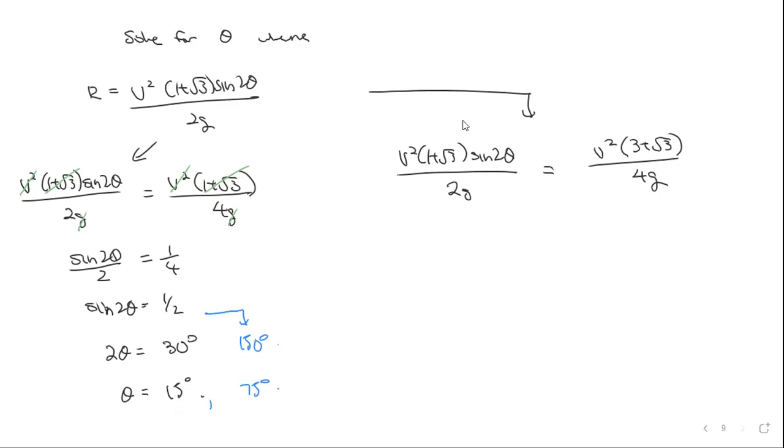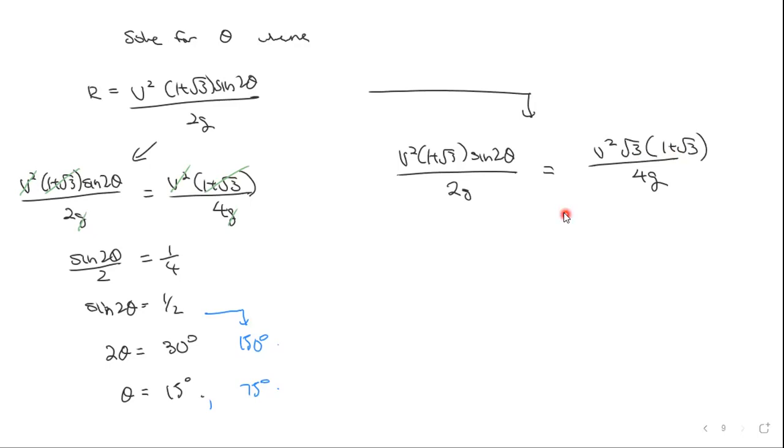Now, to save myself a bit of writing, we can factor out root 3 from there, and I'm left with 1 plus root 3, because I had 3 plus root 3 before. 3 divided by root 3 is root 3. Root 3 divided by root 3 is 1. So that's that. And I'm again going to solve for theta.